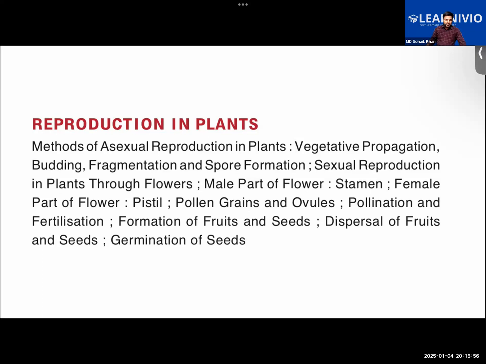Very good. Why is the process of reproduction necessary? So we can make more and more plants. So we can increase the number of plants, right? Yes, sir. And we can preserve the endangered plants, right? Yes, sir. Okay, very good.